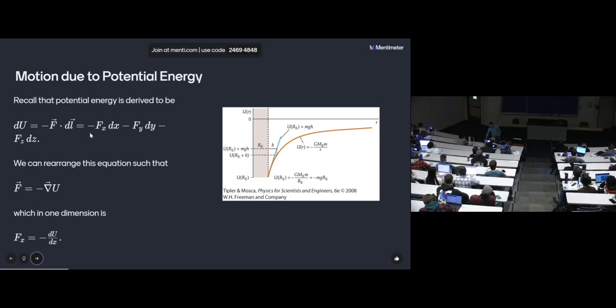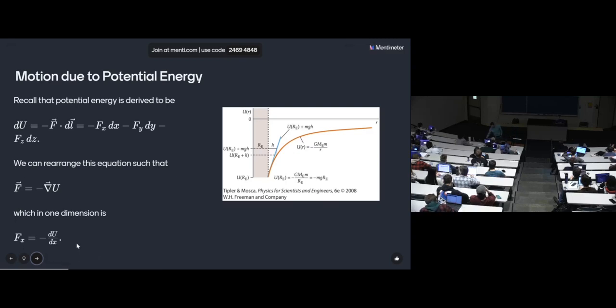And we could have broken that up into x and y and z components. And you can rearrange this equation using an operator that you have likely never seen before, but I want you to be aware of, but we also won't use all that much in this class because we're going to stick to one dimension.